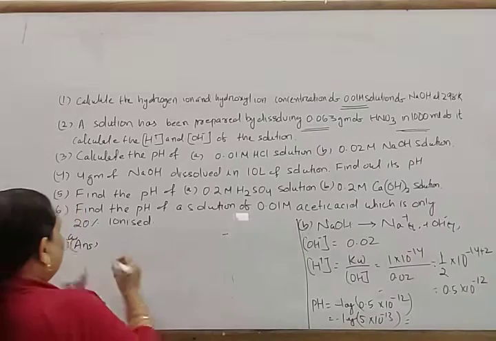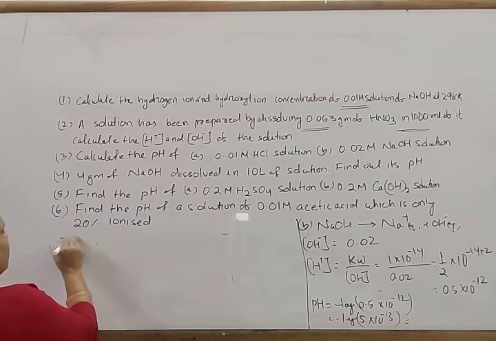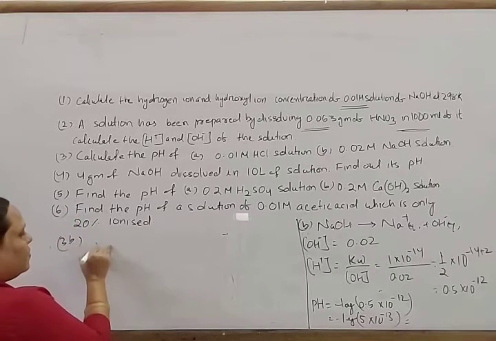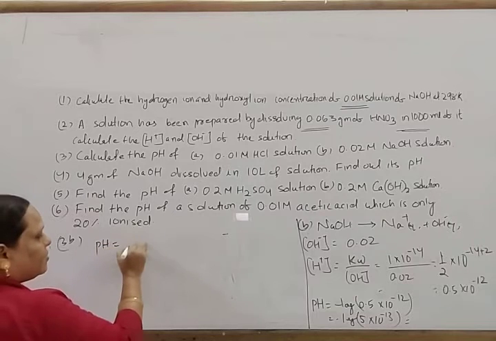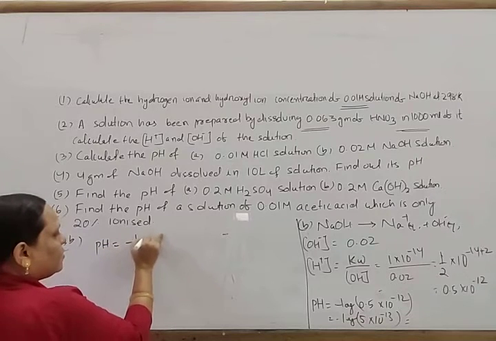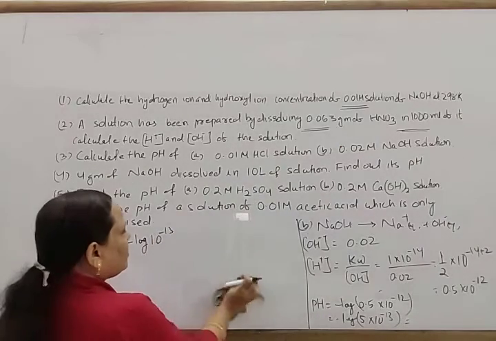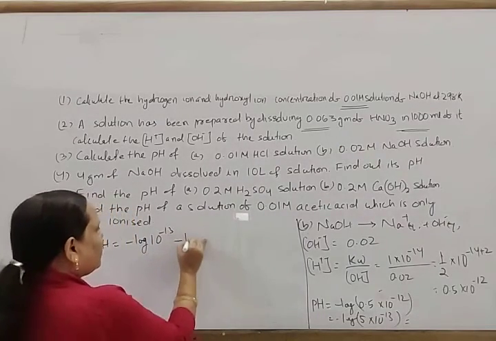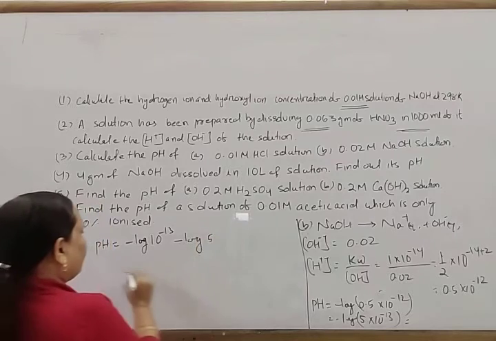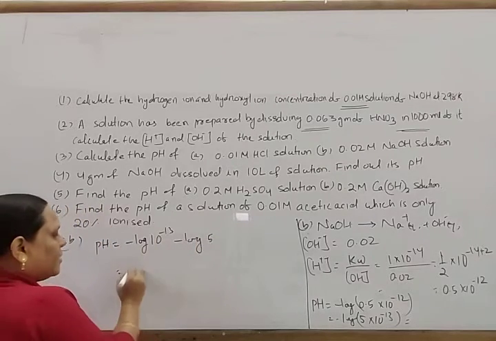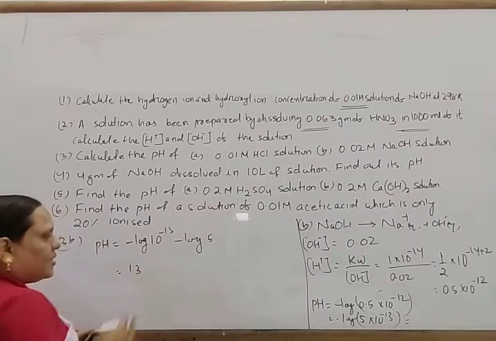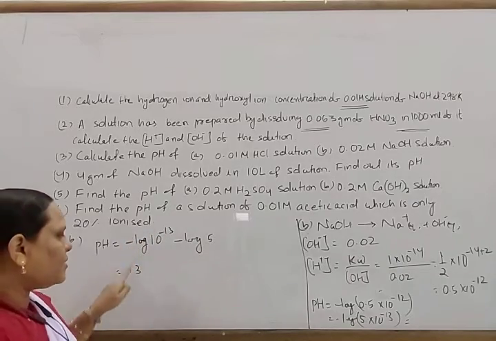So pH is equal to minus log 10 to the power minus 13 minus log 5. So 10 to the power minus 13 means 13 log 10, minus minus cancel, that is positive.